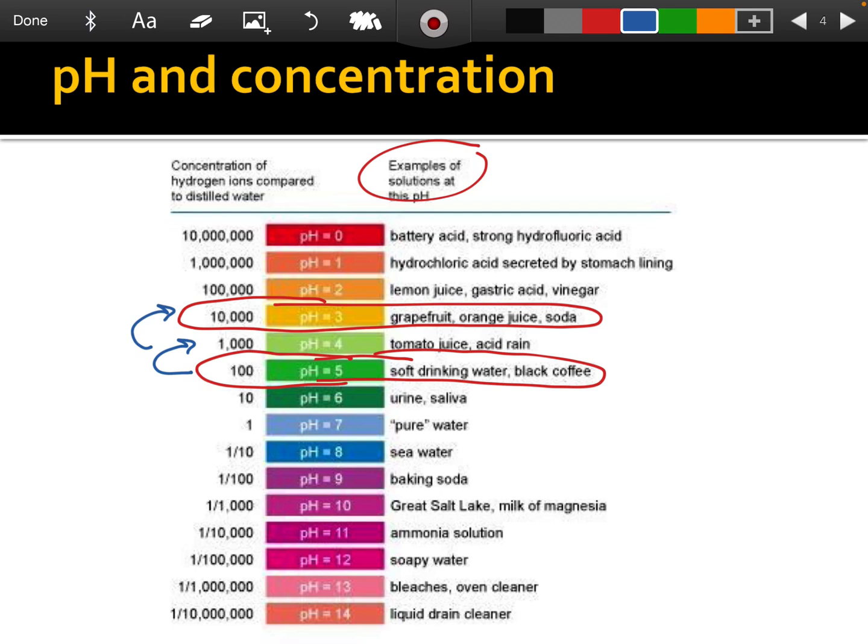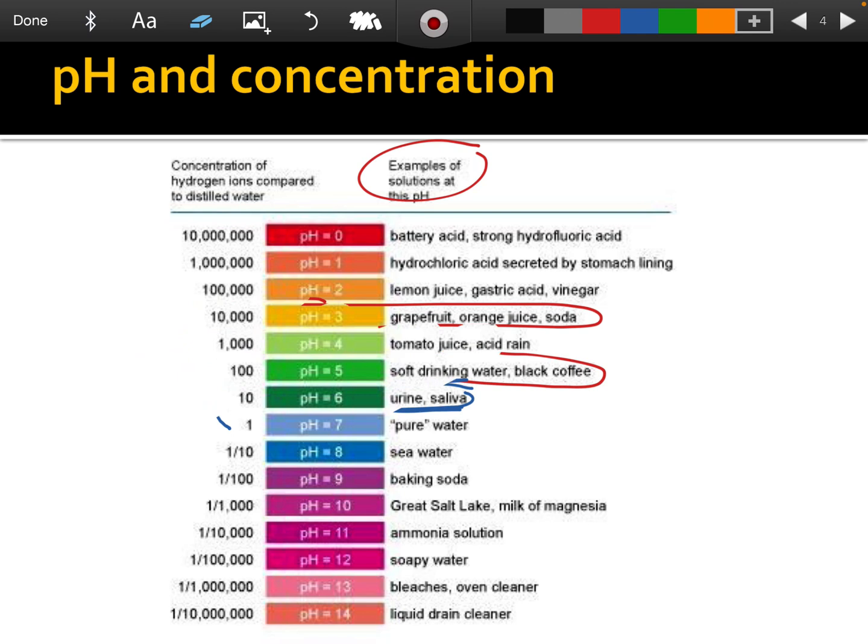So between a pH of 7 to 6, the urine or saliva is 10 times more acidic than pure water. And then if you go another step up, between urine and saliva and drinking water, that's another 10 times more acidic. So each pH value that you change is 10 times more acidic or 10 times more basic.